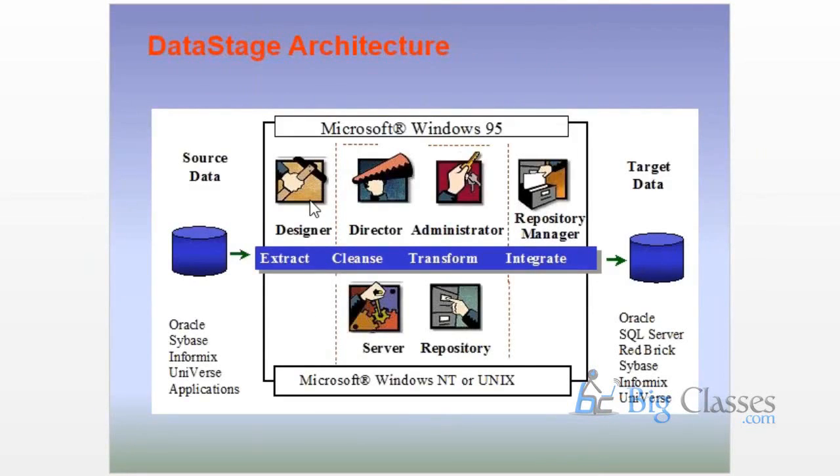We have to mention the terminology as components: client components and server components. In the client components you can see designer, director, administrator and repository manager. These are the four clients available. Coming to the server components, you can see server and repository. These are the tools available.